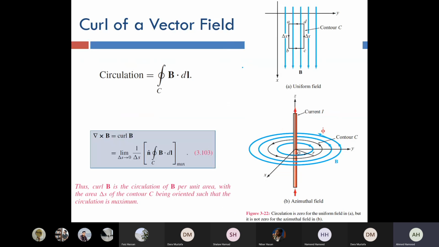The curl, okay, for the vector field, we can see the circulation here is based on the integration part, as I mentioned. For example, you have this circuit or setup, where we can see the unit vectors crossing into one side, right? And we can also see the vectors exiting or moving through that side.